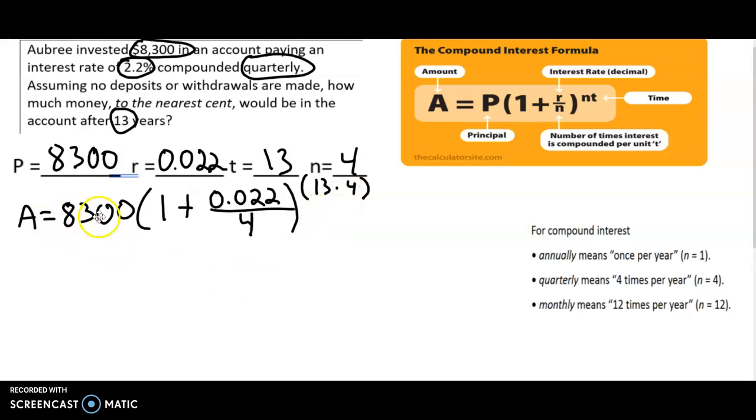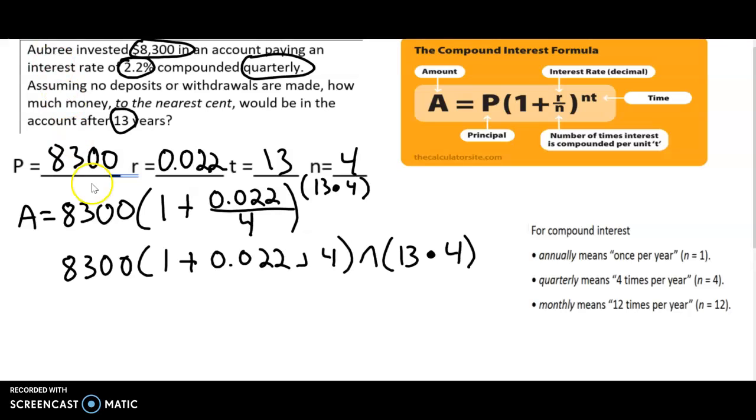Once you get all of this out, all you got to do is type it in the calculator. This is what it looks like. You'll have 8,300 times 1 plus 0.022, and this is like a fraction here, over 4, raised to the 13 times 4.